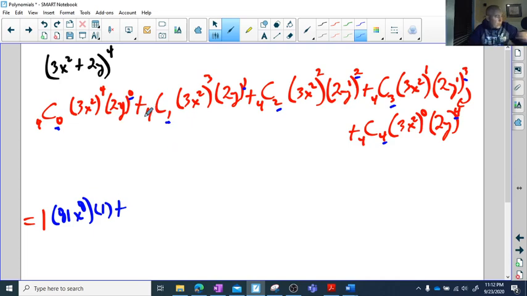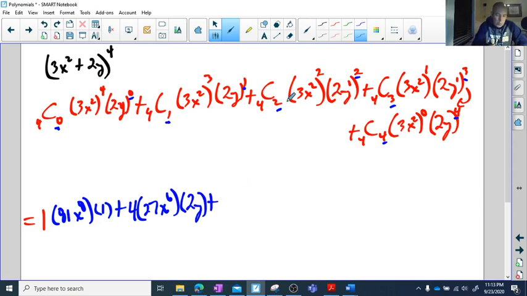Plus 4 choose 1. So we might need our calculators here in a second. 4 choose 1 is equal to 4. 3 cubed is 27. X squared cubed is x to the 6th. And then 2y raised to the 1 would just be 2y. Plus 4 choose 2.